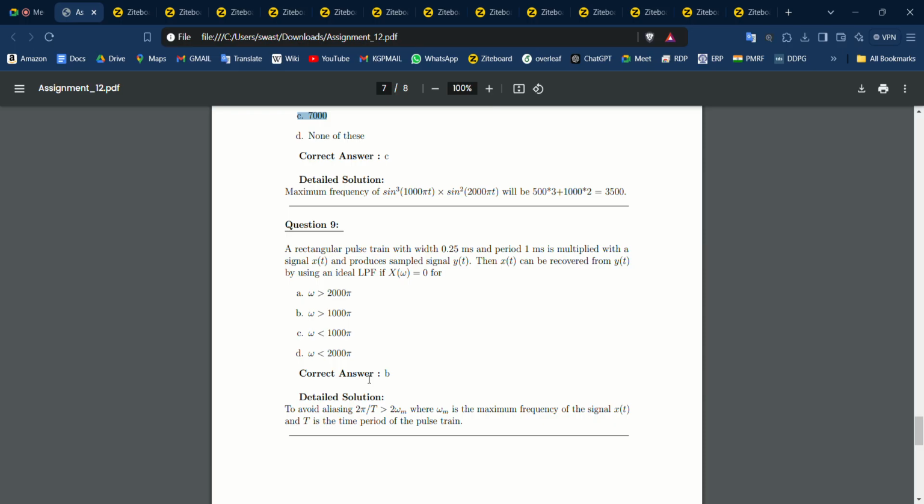A rectangular pulse train with width 0.25 millisecond and period 1 millisecond is multiplied with a signal x(t) and produces sampled signal y(t).